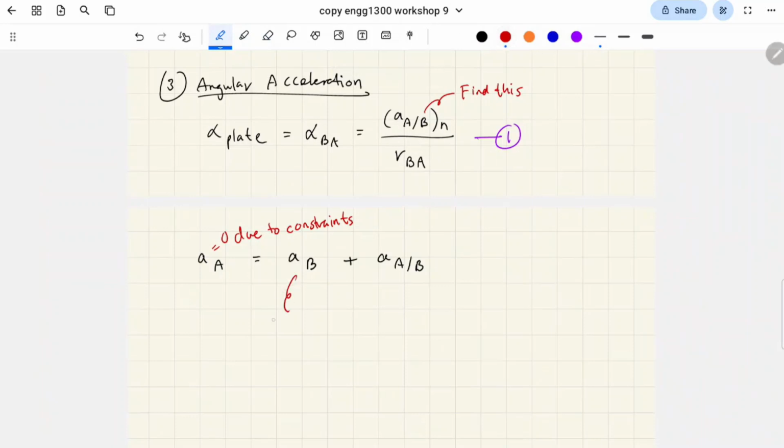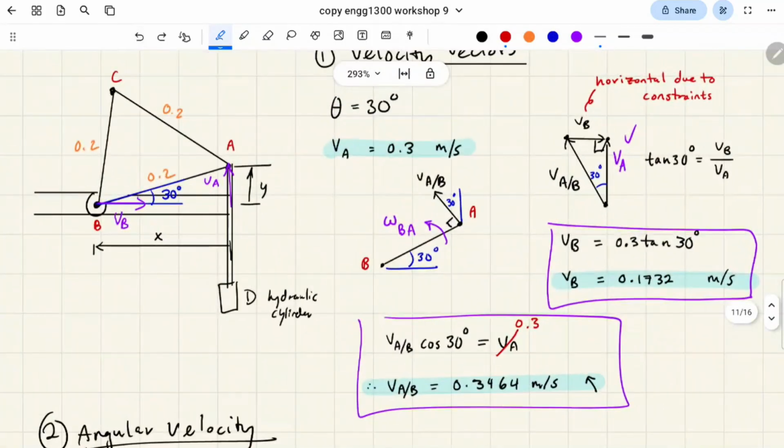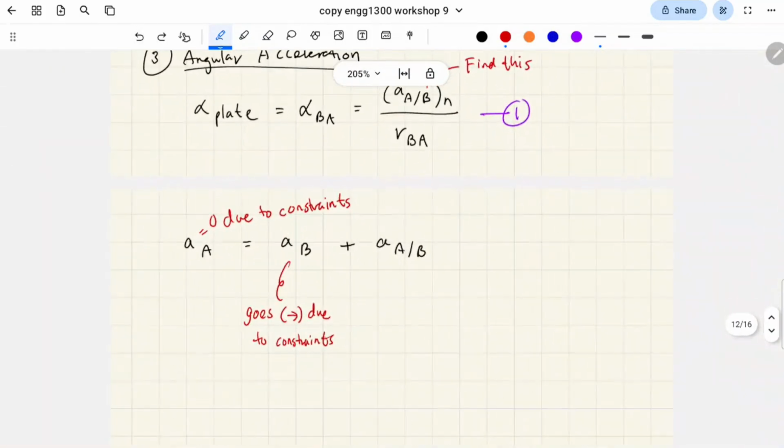And for B, that can only move to the right due to the constraints of this little slider, right? Therefore, when we rearrange for acceleration of A relative to B, that's going to be equal to negative B, right?